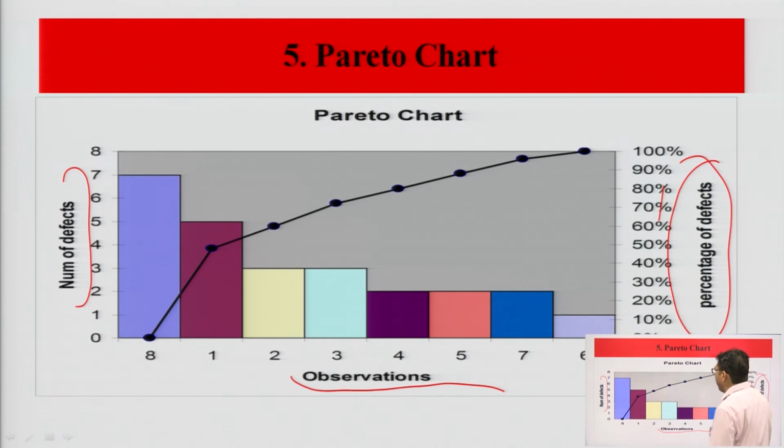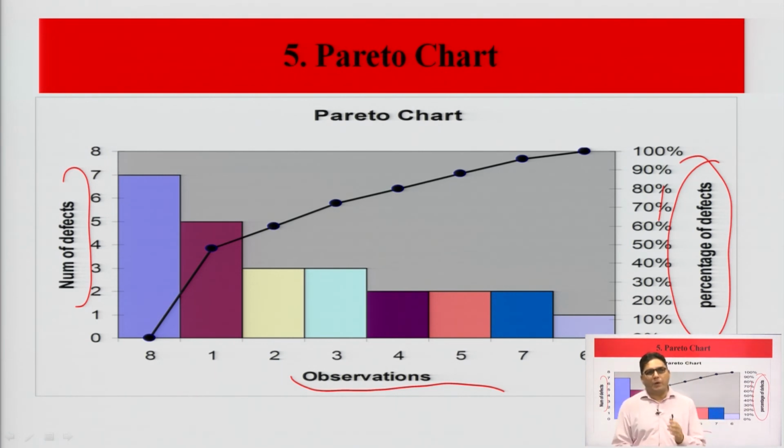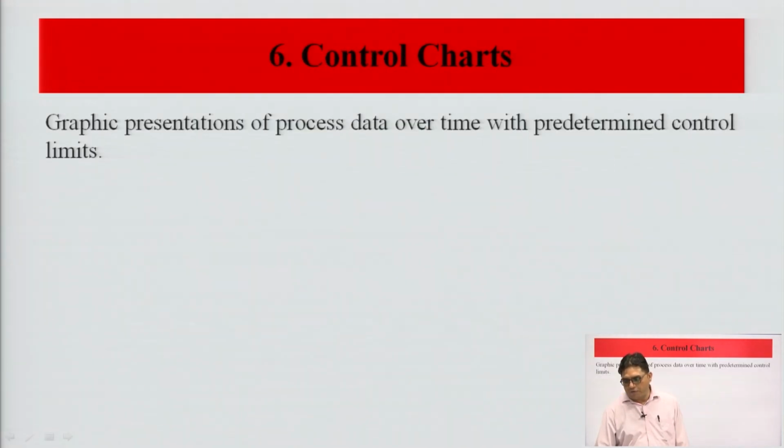We need to identify at what point of time or at what location the number of defects is higher, so that the organization is in a position to plan its course of action to maintain a high standard of quality.